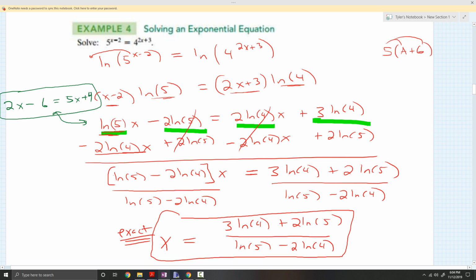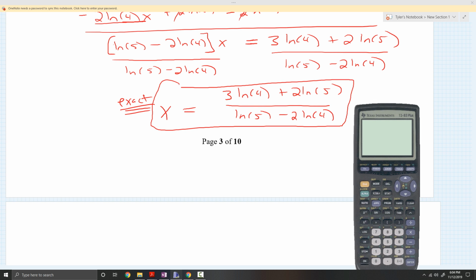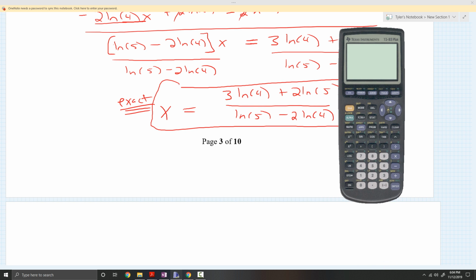Right? So we can get an approximate answer. So we would do, begin parenthesis, right? We'll put the numerator and denominator in parentheses separate. So this would be 3 times the natural log of 4, close parenthesis, plus 2 times the natural log of 5, close parenthesis, and then I need another close parenthesis for the numerator, and then divided by, and then open up a parenthesis for the denominator, natural log of 5, minus 2 times the natural log of 4, close parenthesis, enter, and we get a decimal approximation, right?